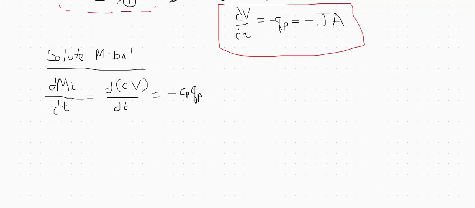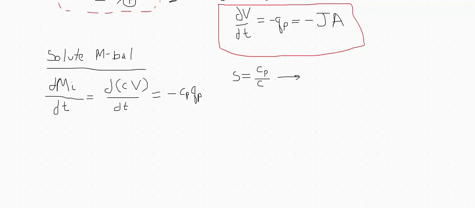So if you've watched my other video on sieving, you'll know that the sieving coefficient is equal to the permeate concentration over the retentate concentration, Cr. For the purposes of this video, I've just been calling it C, so I'm going to get rid of that.